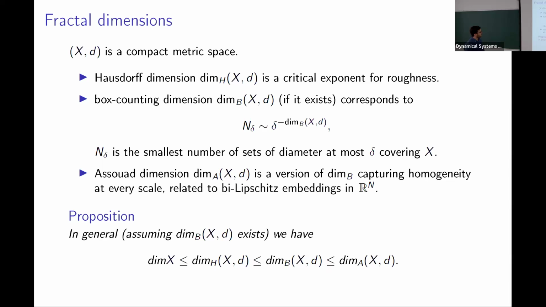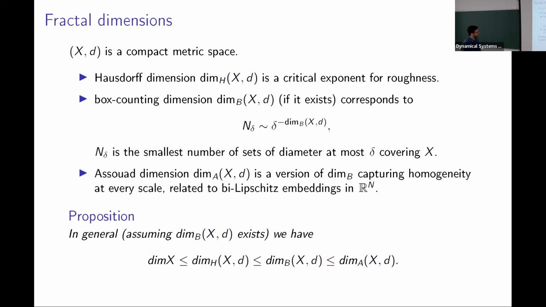We will deal with Hausdorff dimension, the box counting dimension, and well, I guess no special introduction is required here. And the Schwarz dimension, it was also briefly mentioned last week.